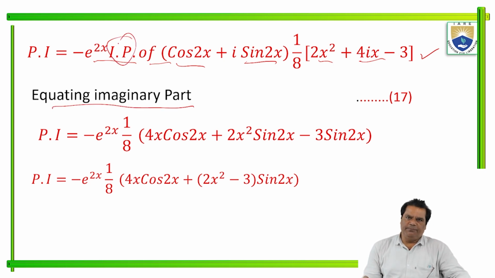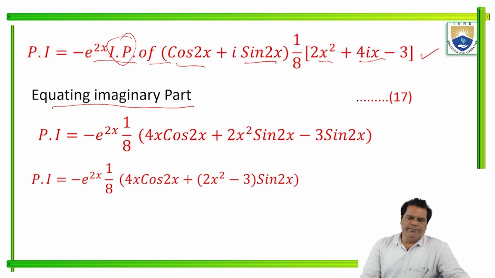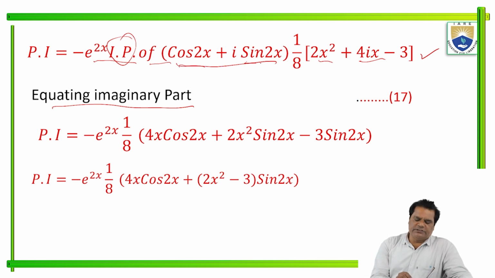This is IP, IP means imaginary part. In this total term, we find only the imaginary term, that term which is multiplied by i. We are taking those terms in which i is present, that is the imaginary part. So after multiplying this bracket with this bracket, we find only those terms in which i is present.